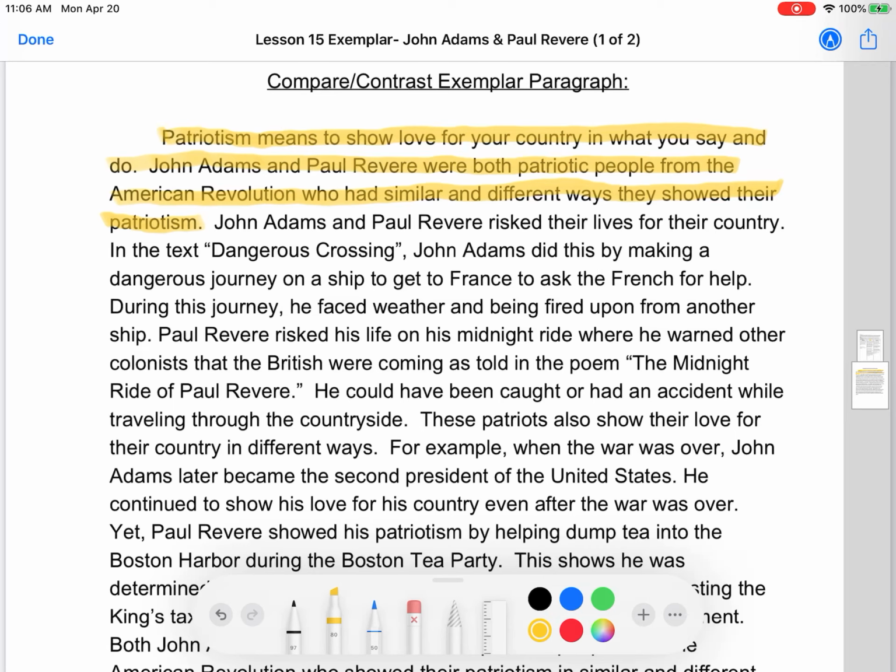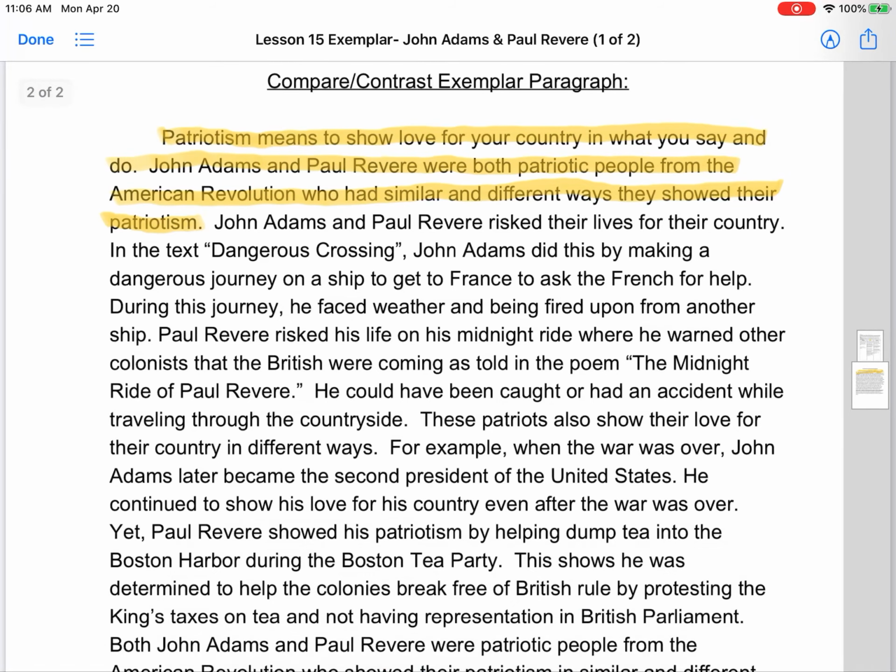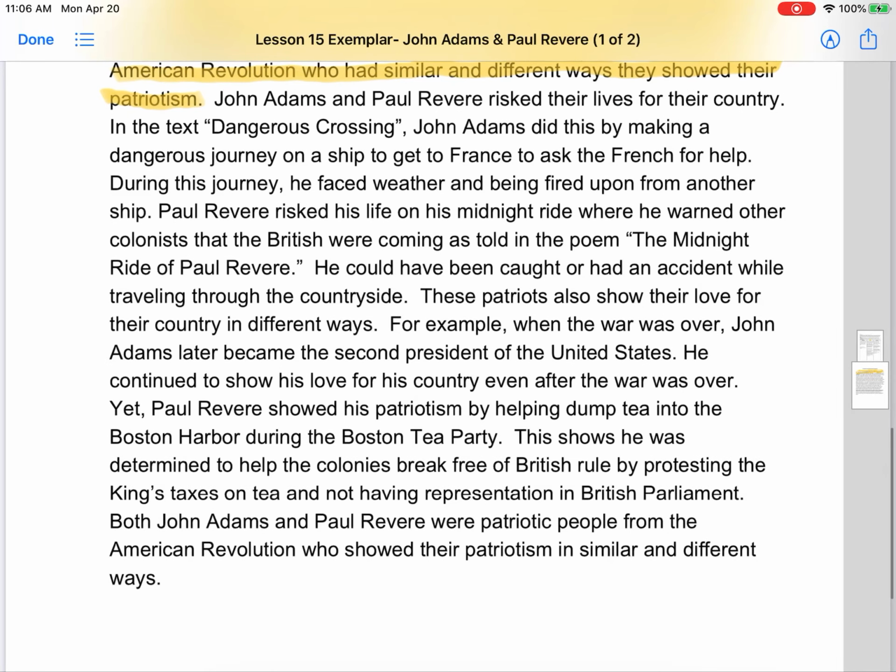Something else we're looking for in these paragraphs are text details. So, where do I have details from the stories that show how these characters demonstrated patriotism? Well, here we go. John Adams and Paul Revere risked their lives for their country.